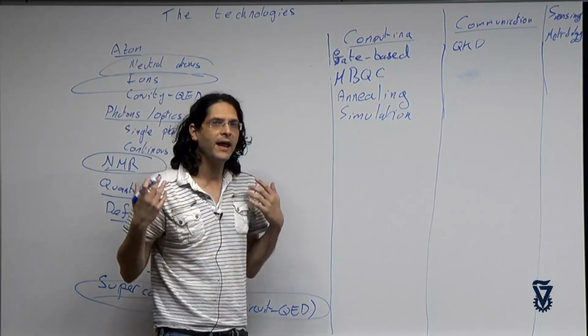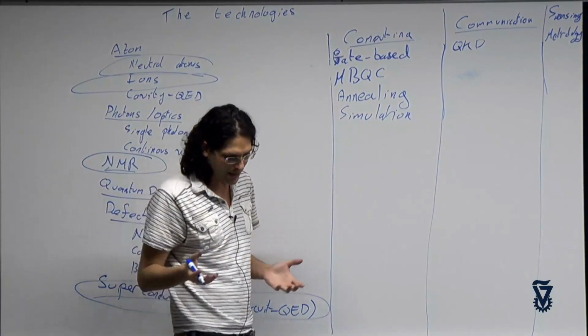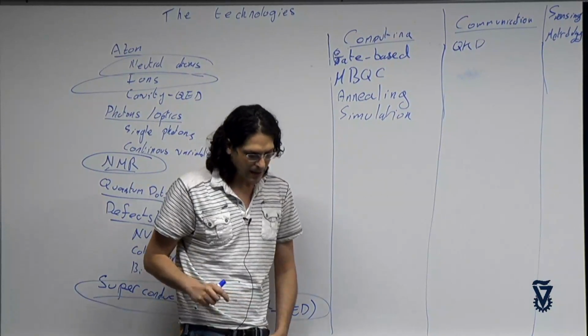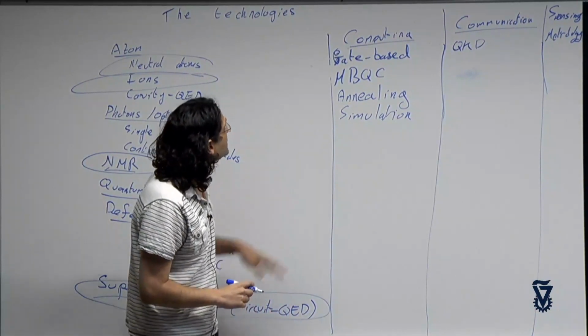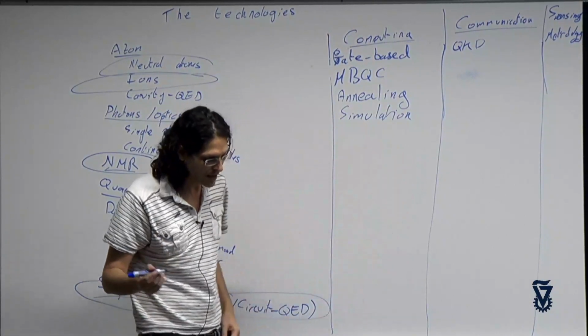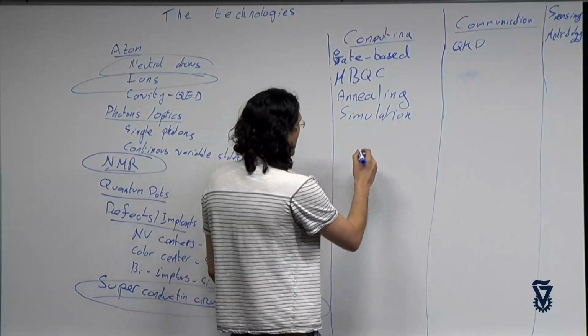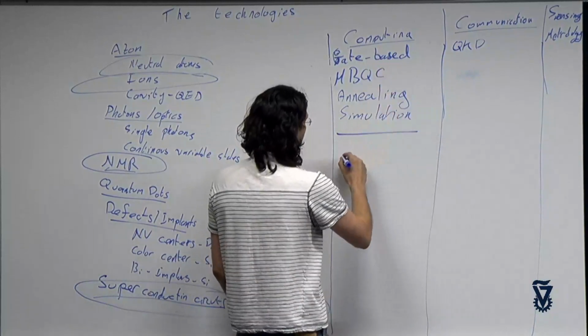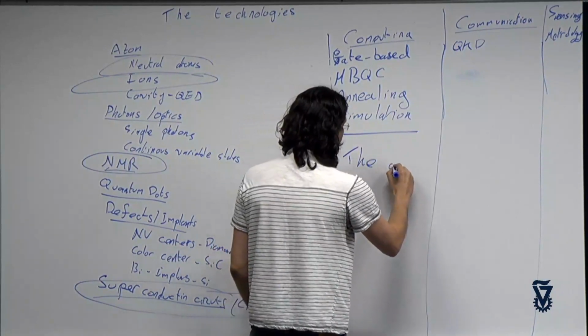Now, at this point, you might ask yourself, why did I make this choice? The first thing, the focus on computing, I kind of alluded to that, is that quantum computing is really the application, okay?